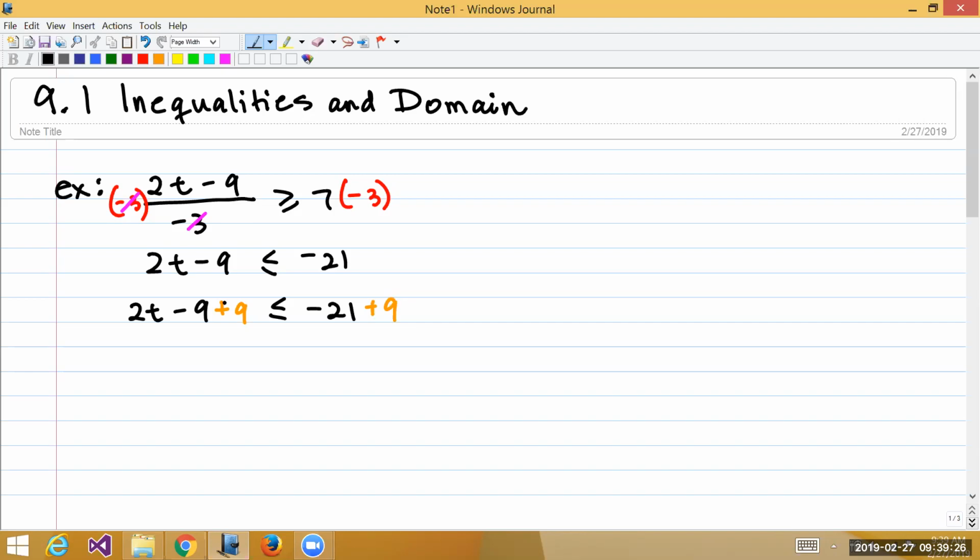The -9 plus 9 equals 0, so we're left with 2t is less than or equal to -12. Now we'll divide both sides by 2. That leaves us with t is less than or equal to -6.